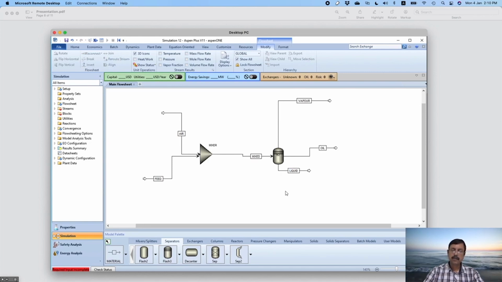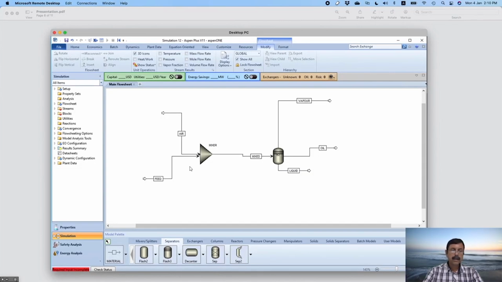The heavier component will go down as a liquid. So here we have the options of toluene and naphthalene. We can expect toluene and naphthalene to go into the oil portion, whereas water goes down to liquid. Let us see whether it happens.